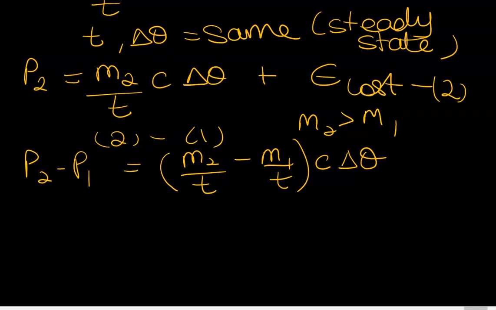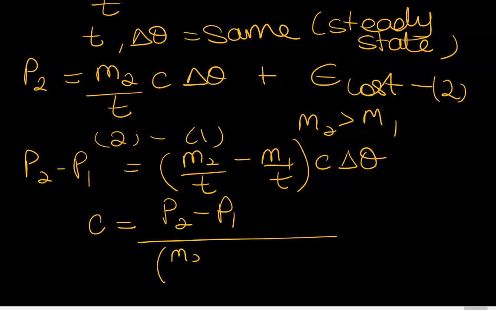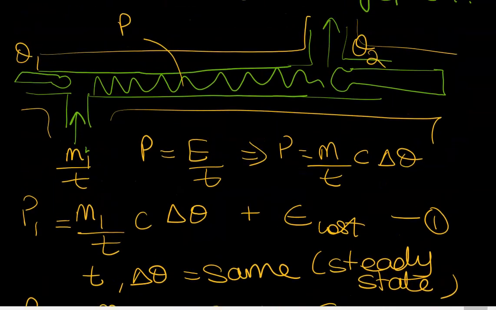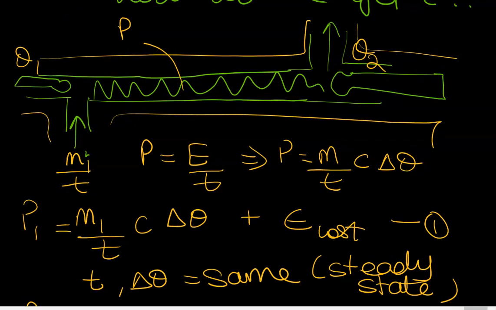So now when this is eliminated, you could make C the subject. So it's P2 minus P1 over M2 on T minus M1 on T by delta theta, right? And this is very accurate because you are using a platinum resistance thermometer that measures a very small change in temperature.